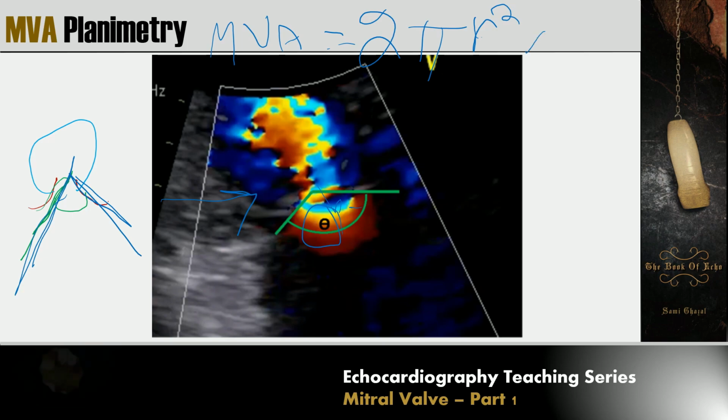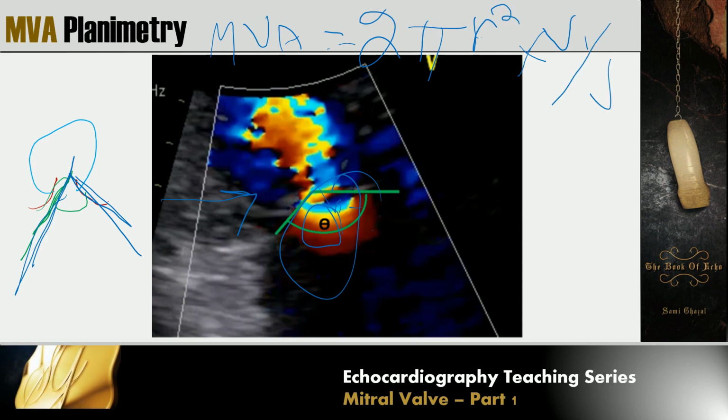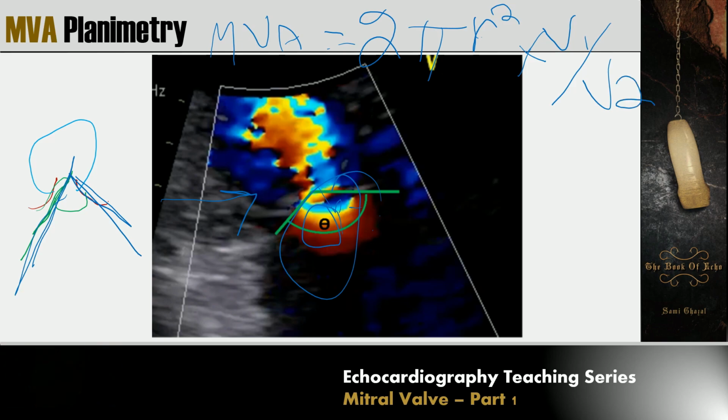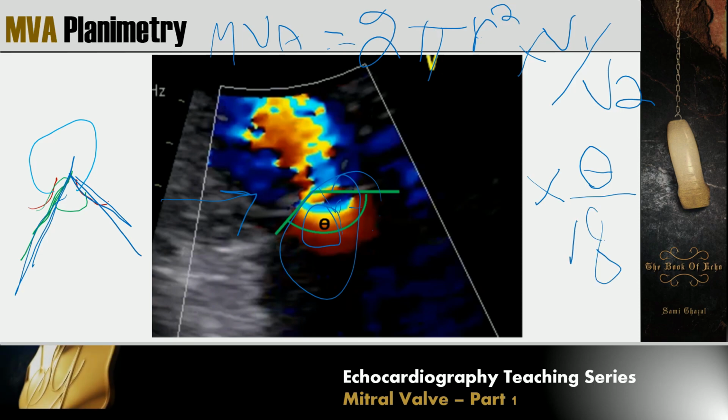Then we times it by the velocity 1, which is the velocity here of that area. We will know it from the Nyquist limit. And then we divide it by V2, which we measure by continuous wave Doppler. And then we have to correct for the angle by multiplying the result by theta divided by 180. By doing this, we will correct for the angle. However, as I just mentioned, the software is rarely available to measure the angle.